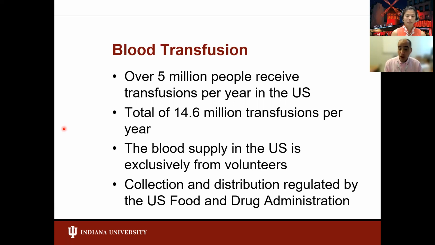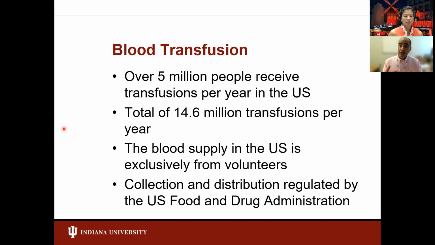Now, we rely on volunteers in the United States to donate their blood to support the blood supply. So people aren't paid for their red blood cells or their platelets. There's a different thing called plasma, which people will be paid for, but that's something different.